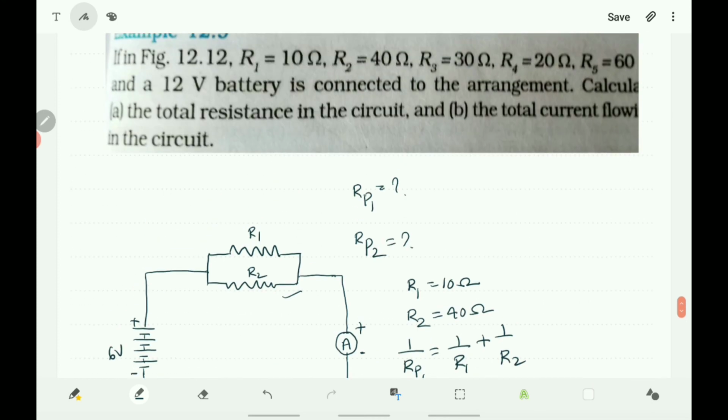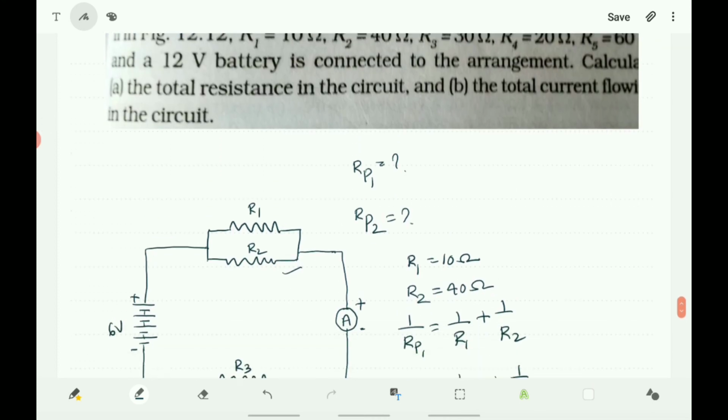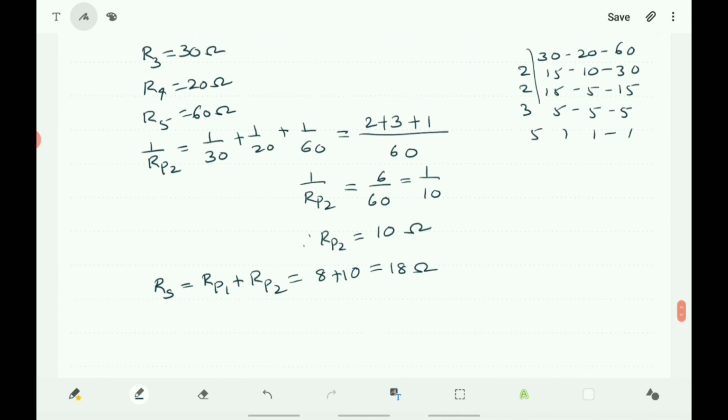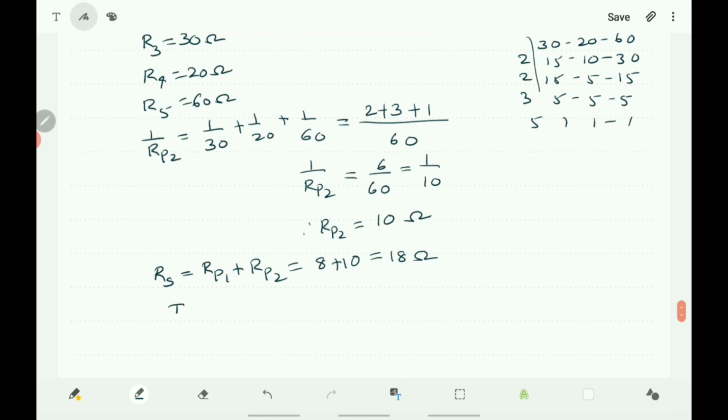That is the total resistance. Total resistance in the circuit is equal to 18 ohms.